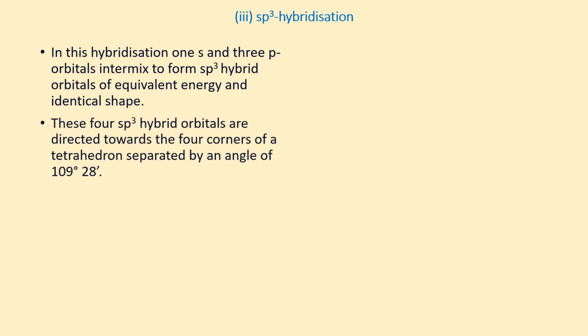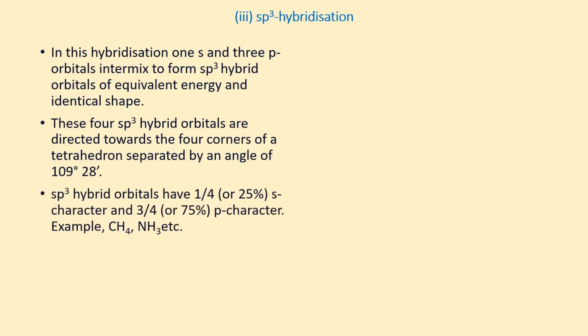These four sp3 hybrid orbitals are directed towards the four corners of a tetrahedron separated by an angle of 109 degrees 28 minutes or approximately 109.5 degrees. sp3 hybrid orbitals have one fourth, that is 25% s character, and three fourths or 75% p character. Examples of sp3 hybridization are CH4 and NH3.